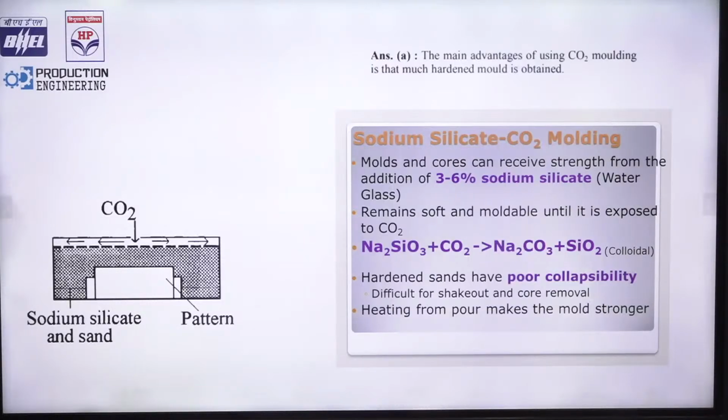We have already seen what collapsibility is. But remember that carbon dioxide molding requires sodium silicate in the sand. Sodium silicate is also called water glass, and 3 to 6% is required. When there is a reaction, you get SiO2, and the hardened sand is formed by this.